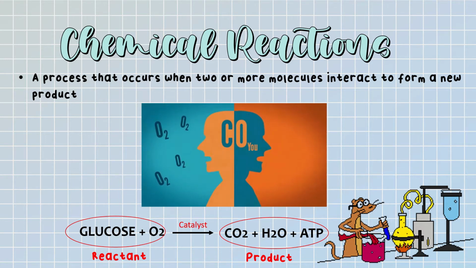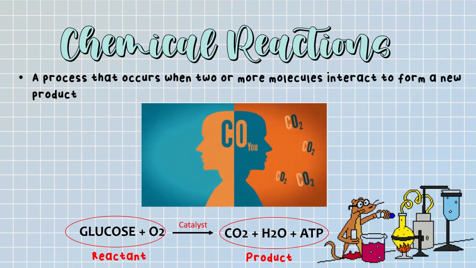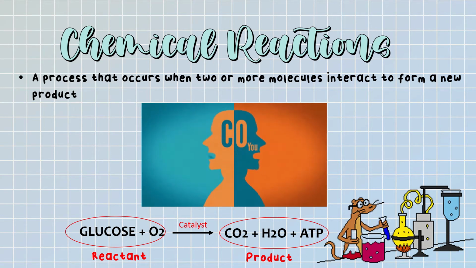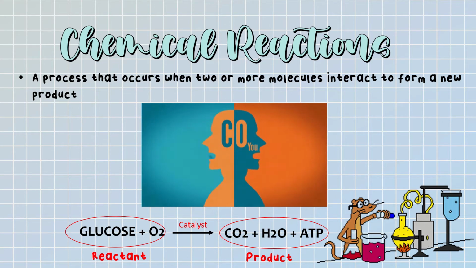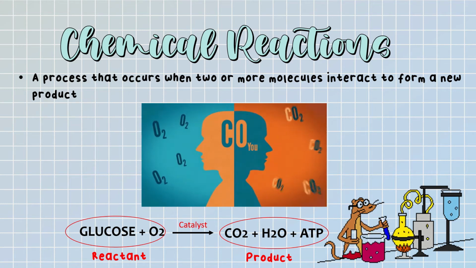And lastly, the rate of reaction depends on and is affected by factors like pressure, temperature, and concentration of the reactant. So not one reaction is similar to another reaction. They have different reactions with different chemicals.